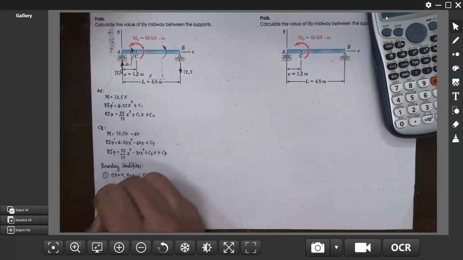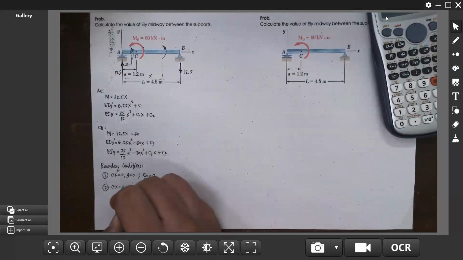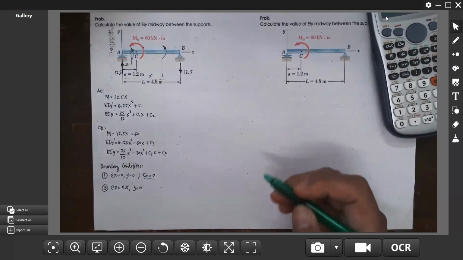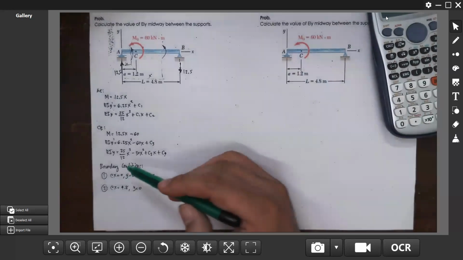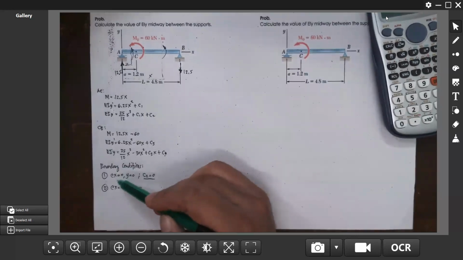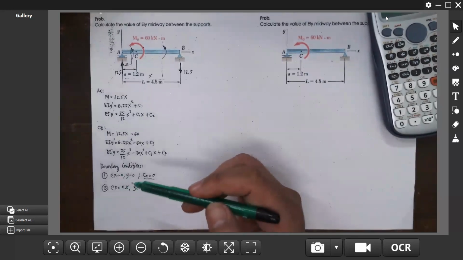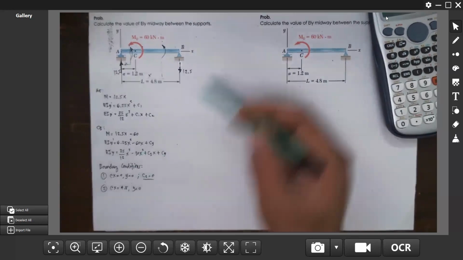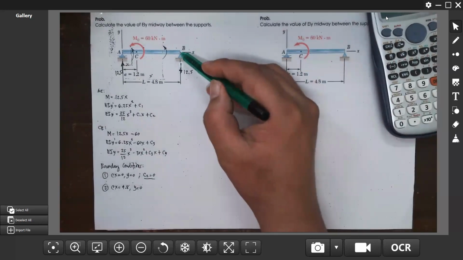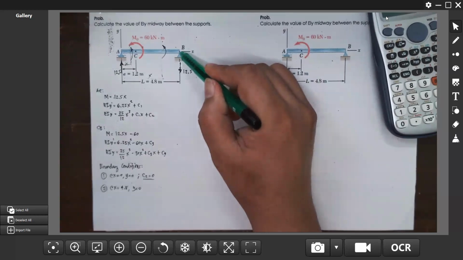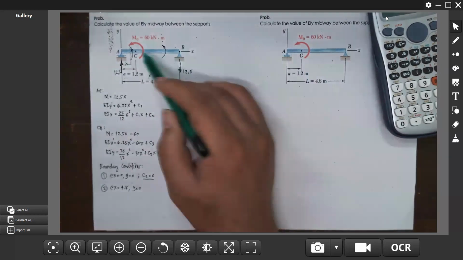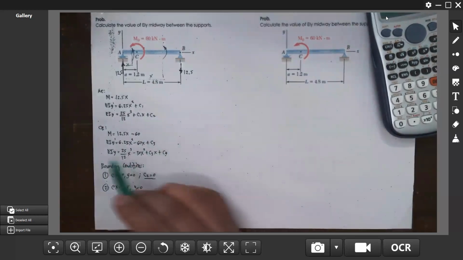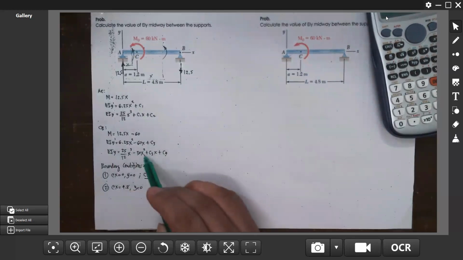Then yun, 2, at x equal to 4.8, y equal to 0. Una, ang conditions, boundary conditions sa supports. Ayha ang junction. Okay. So, at x equal to 4.8, y is equal to 0. So, sa CB, 4.8.